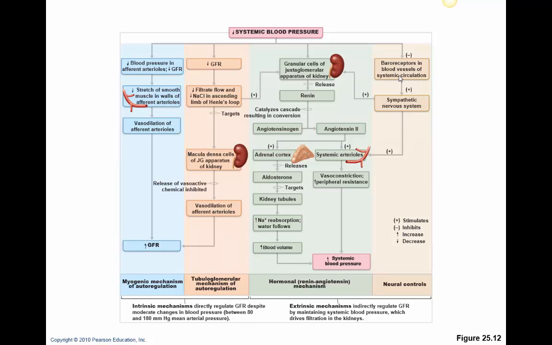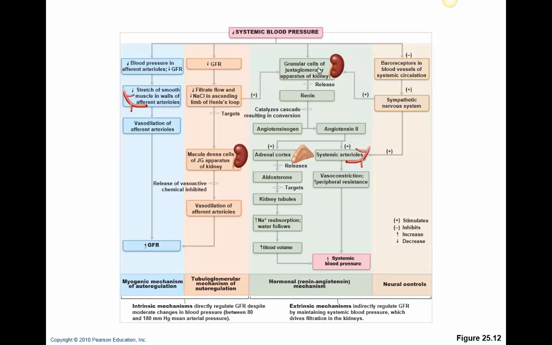So when we look at receptors for pressure in the systemic circulation, which we talked about in the cardiovascular system, remember the aortic arch, the atrial walls, and the carotid arteries have these baroreceptors for pressure, and when they detect decreased stretch, that's going to stimulate the sympathetic nervous system through the renal nerves to actively stimulate the granular cells of the afferent arteriole to secrete renin. So when we stimulate the sympathetic nervous system, that's going to stimulate renin production by direct activation, direct action potentials acting on the granular cells.